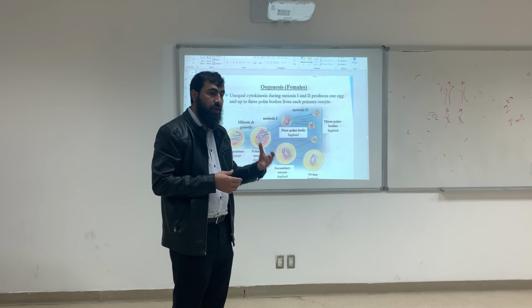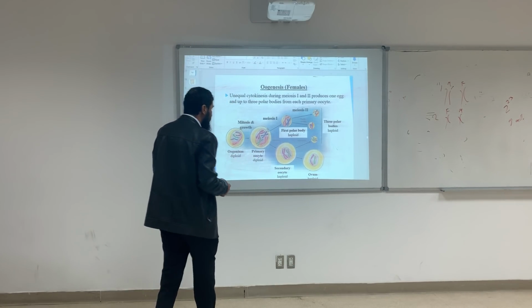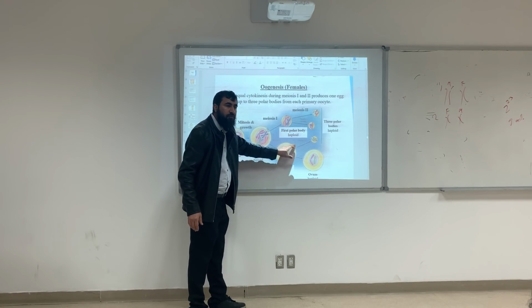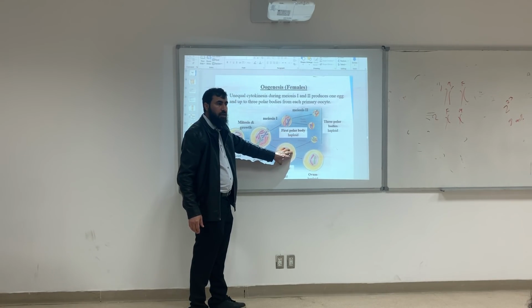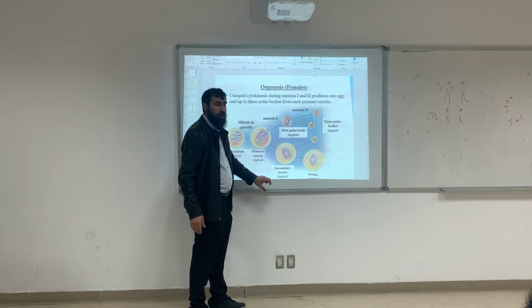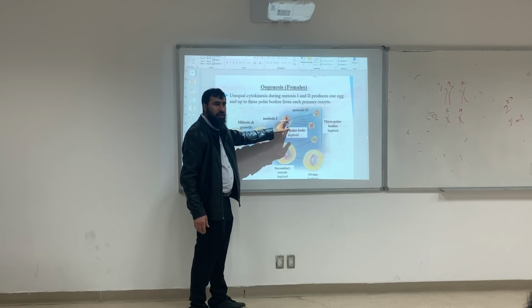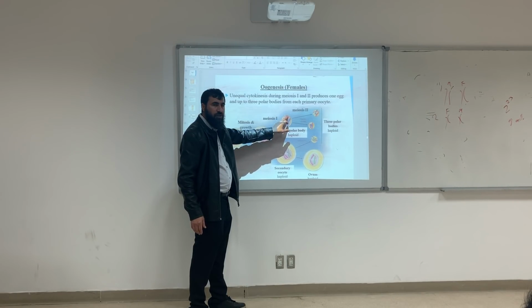It's got a lot of energy, a lot of nutrients, lots of organelles in the initial stages when it's fertilized. That's why all of the cytoplasm ends up in the secondary oocyte, and only a small portion of that is removed with the polar body.